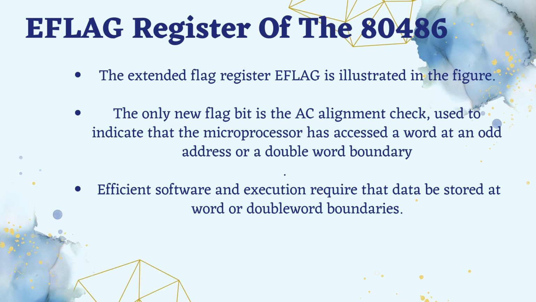The extended flag register, E-flag, is illustrated in the figure. The only new flag bit is the AC alignment check, used to indicate that the microprocessor has accessed a word at an odd address or a double word boundary. Efficient software execution requires that the data be stored at word or double word boundaries.